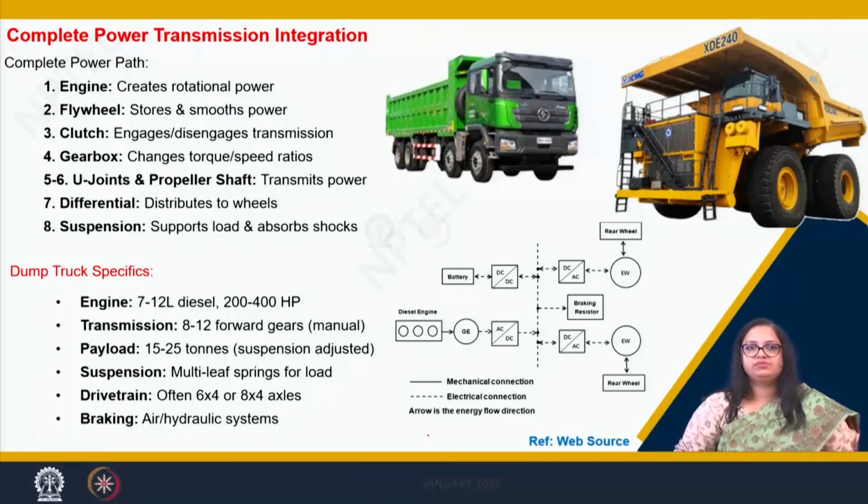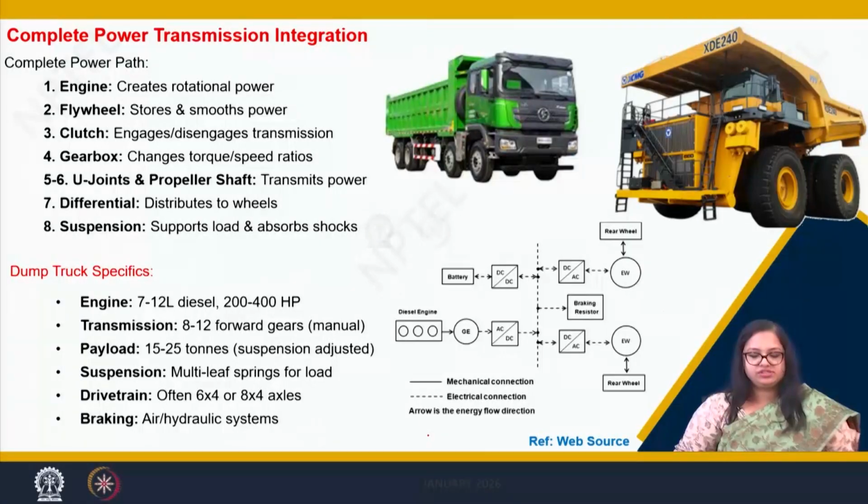If we see specifically for a dump truck, the specifications for the engine would be something like a 7 to 12 liter diesel engine with 200 to 400 horsepower. The transmission is 8 to 12 forward gears in a manual transmission system. The payload is around 15 to 25 tons, where the suspensions are adjusted.